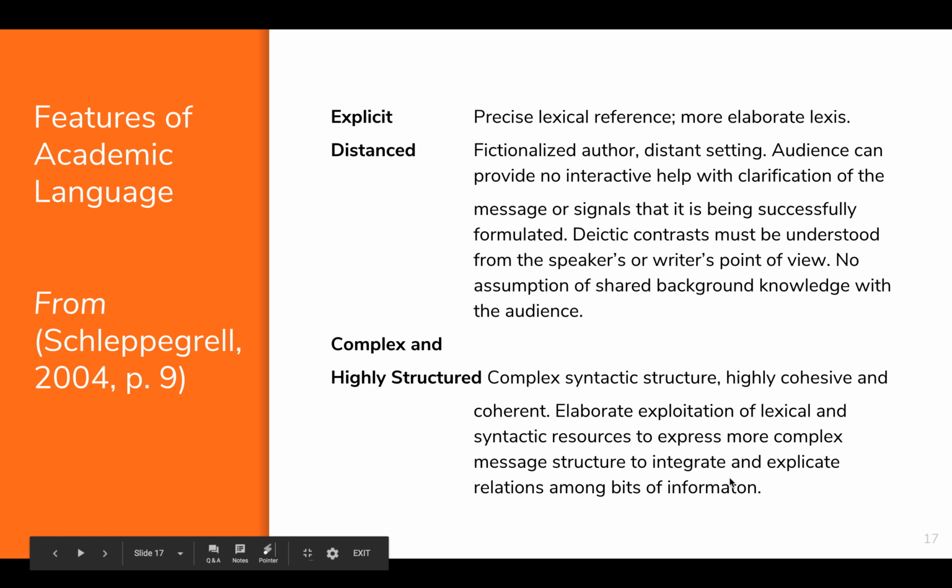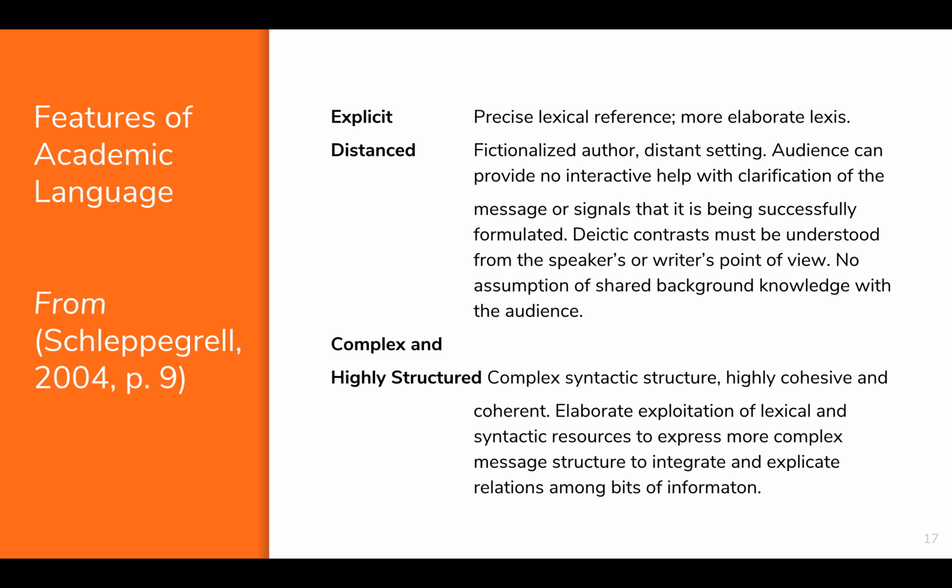So now I just want to move into some of the basic features of academic writing. It has been argued that academic writing features three characteristics. One of being explicit, one of also being distanced, and then finally, academic writing is complex and highly structured.